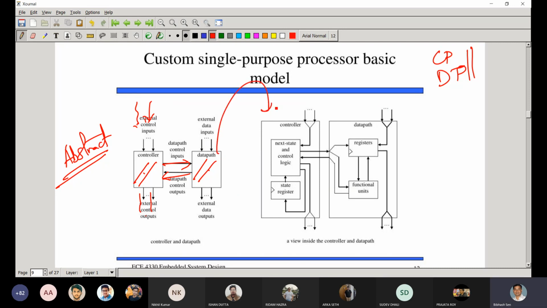So if you enlarge it, you will find that inside the controller there is a state machine which counts the state, and based on the input coming from the data path, it will generate the next state. So that process will continue to the next state. It is just like a finite state machine which counts the sequence of steps which will be executed by the machine.